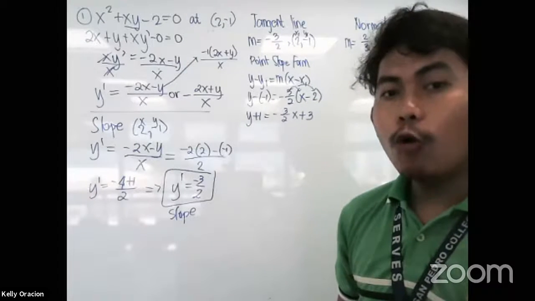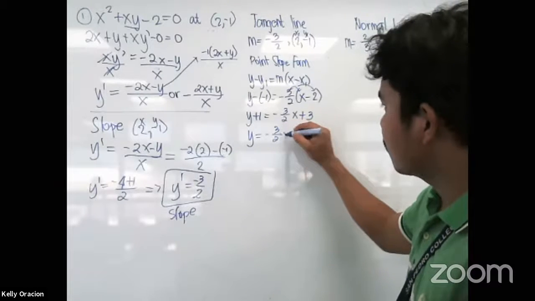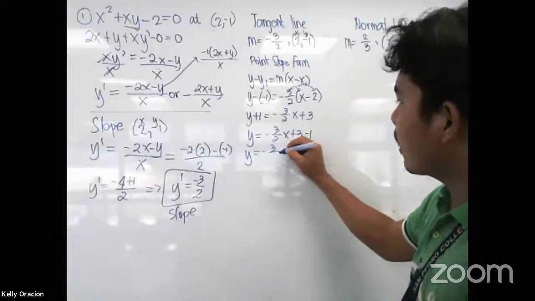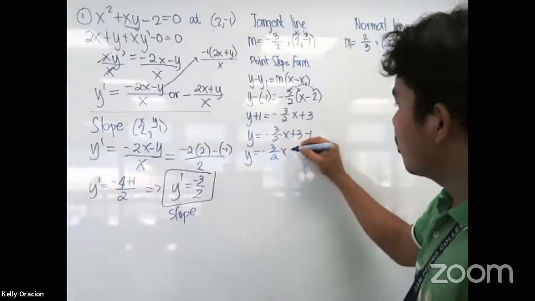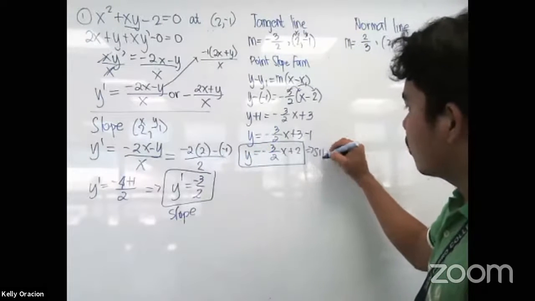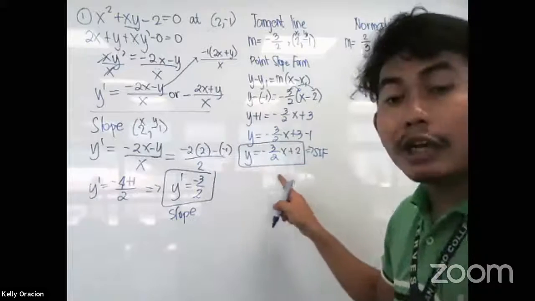After that, combine like terms, minus 1, so y is equal to negative 3 halves x plus 2. Okay? And that is your answer.